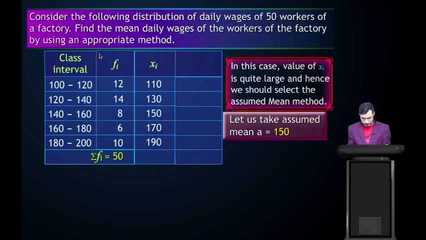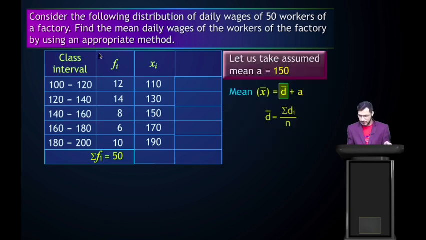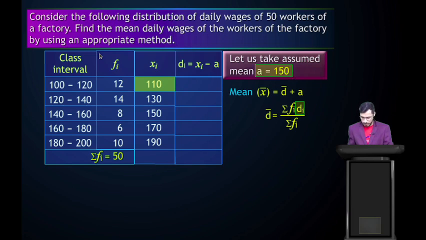The formula of the assumed mean method is x bar equals sigma fd by sigma f plus A. Now d is equal to x minus A, where x is 110 and A is 150.